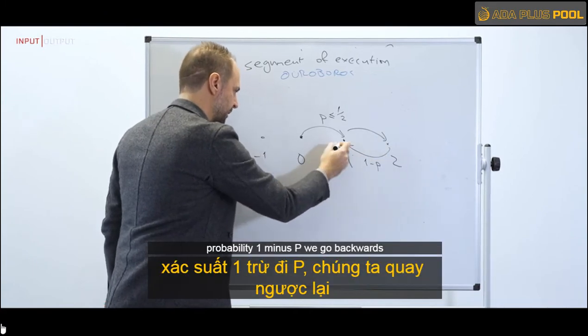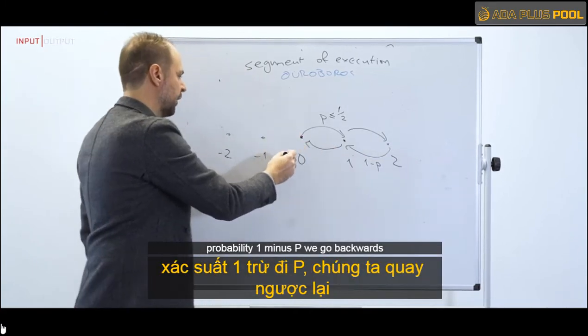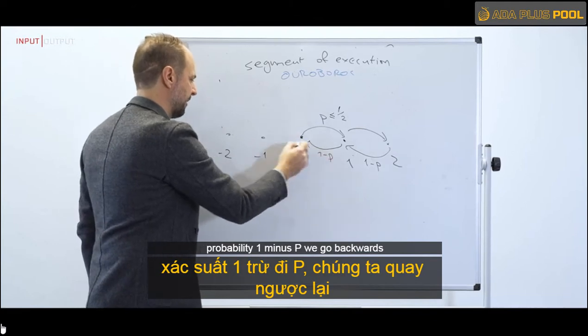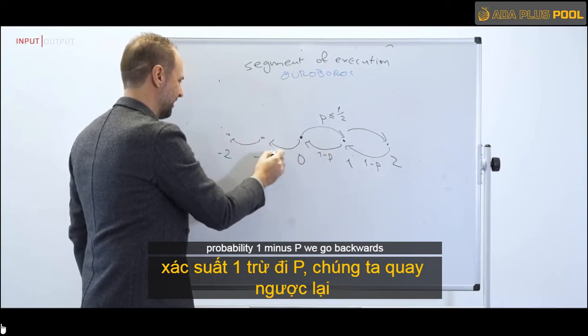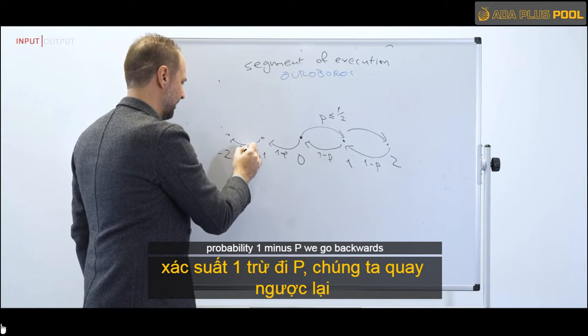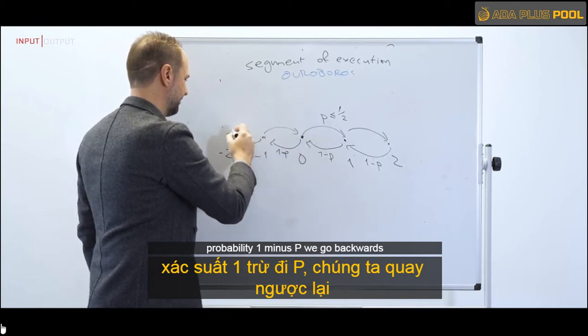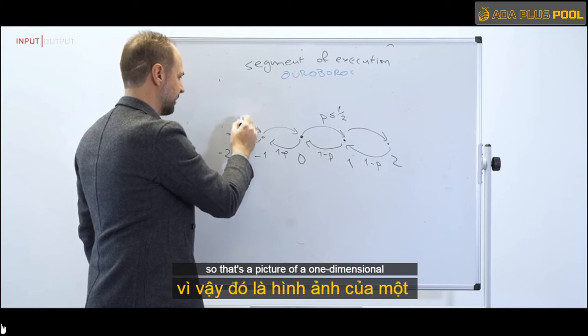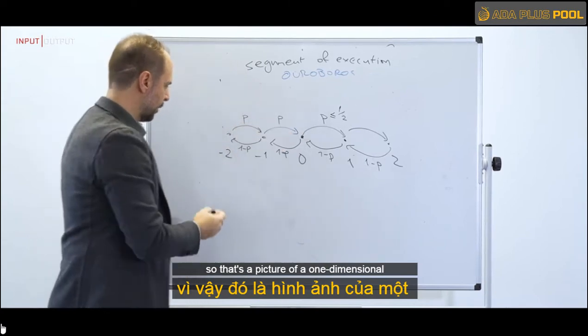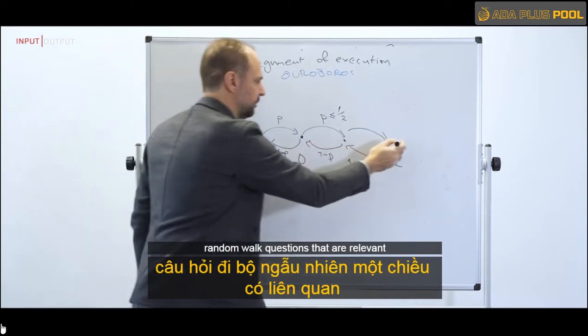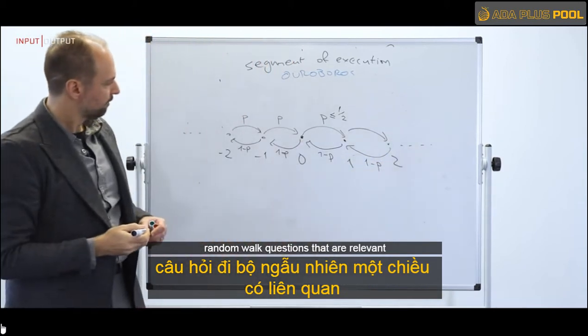Now with probability 1 minus p, we go backwards. So that's a picture of a one-dimensional random walk.